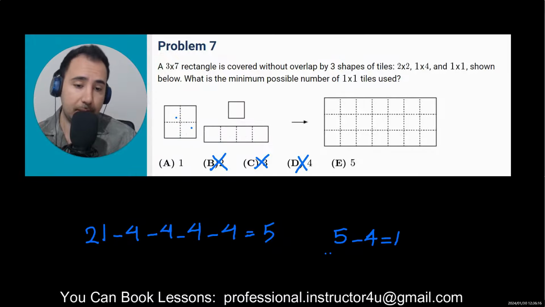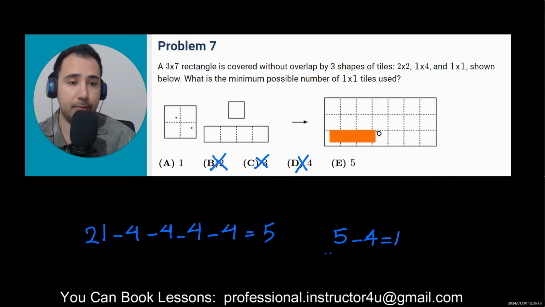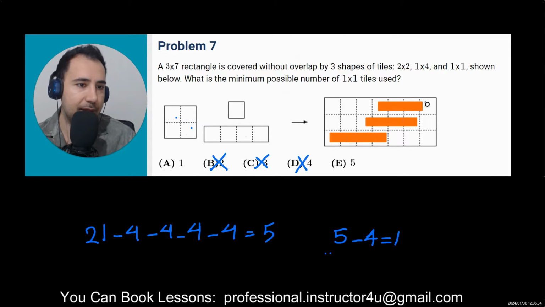See, we have to think about it like this, that this is, for example, 1 by 4. Can I put it here? Of course not. If I put it in different places, anywhere you put them, I have to keep one of these 4s here. So it doesn't matter where you put them. You could only have one of these here.